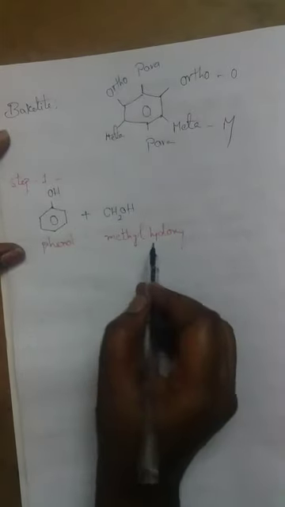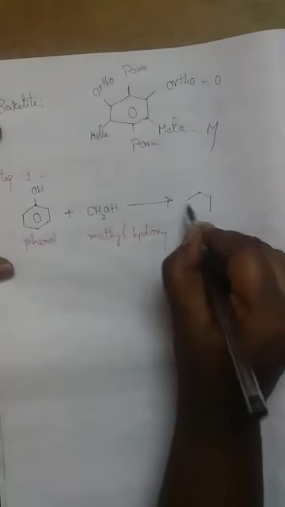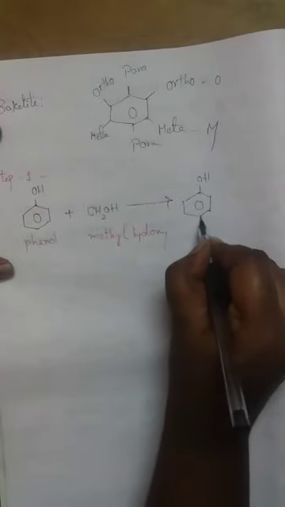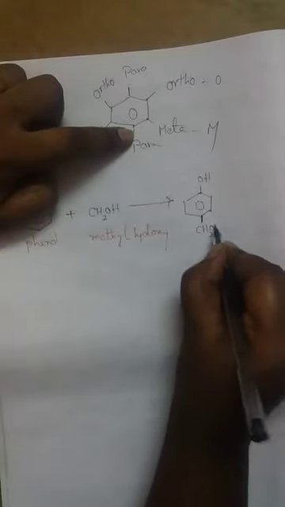So what will happen when phenol reacts with methyl hydroxy? There will be formation of two products, and the two products are, one is in the para position, this CH2OH gets attached.